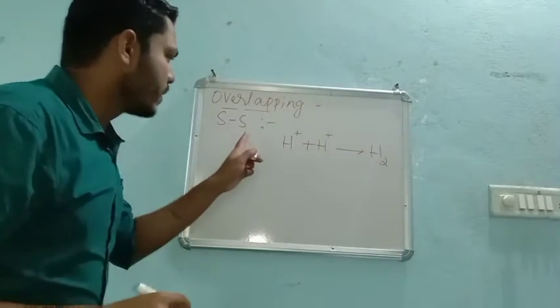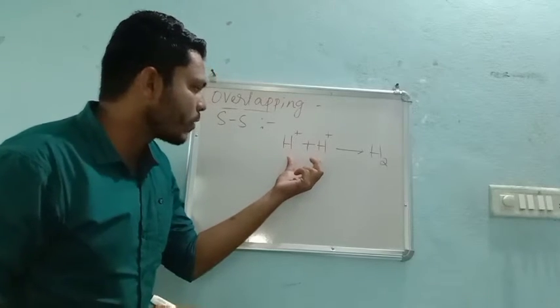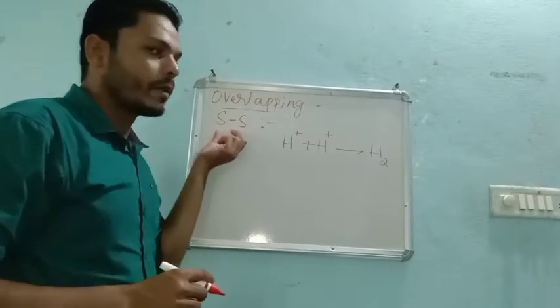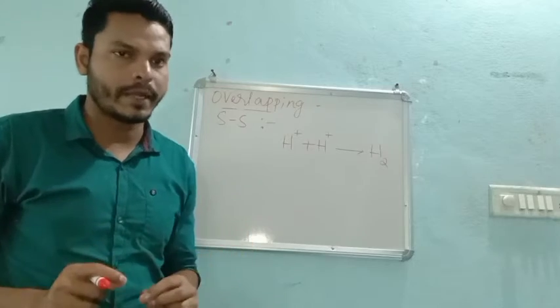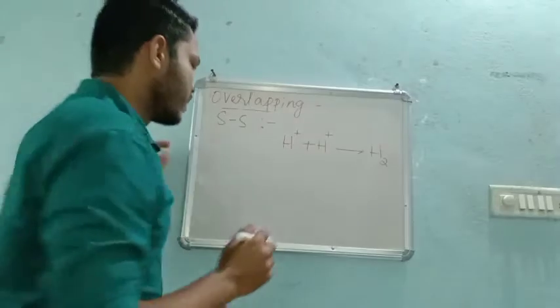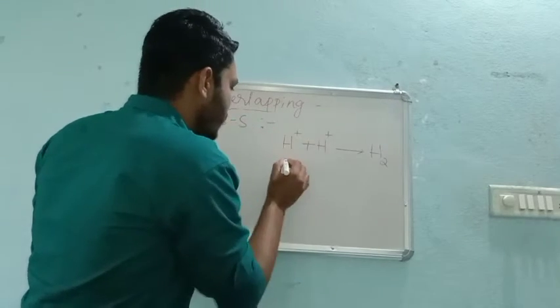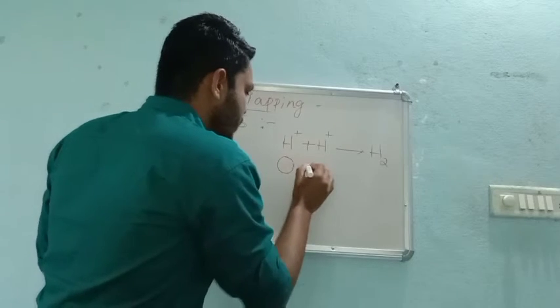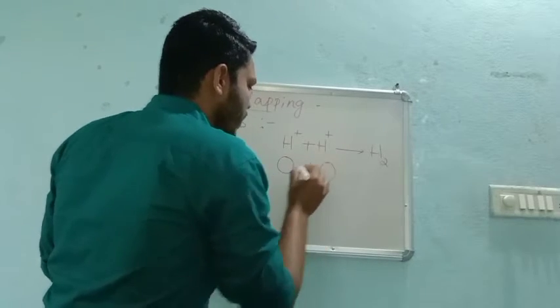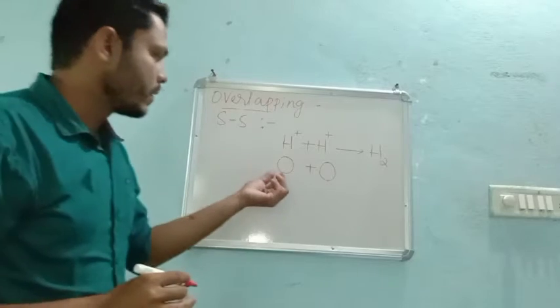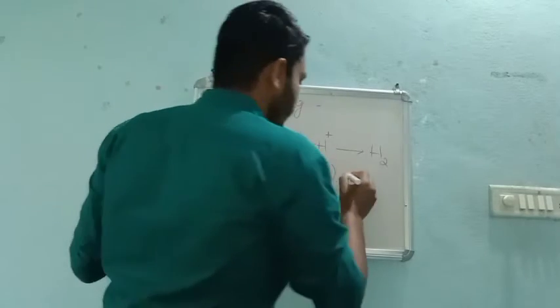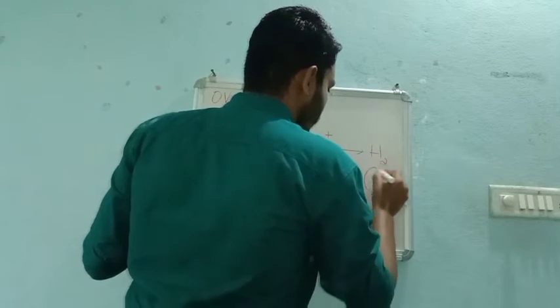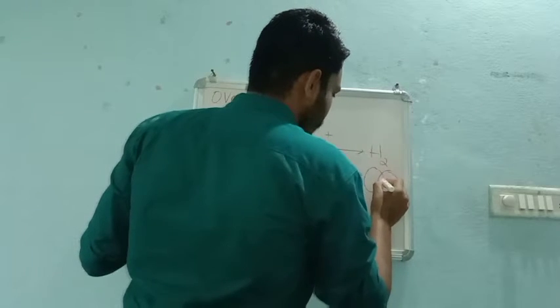I took hydrogen for this SS overlapping because hydrogen is an S block element, right? And what is the shape of S? Spherical. If this spherical one reacts with, overlaps with this, it forms like this.